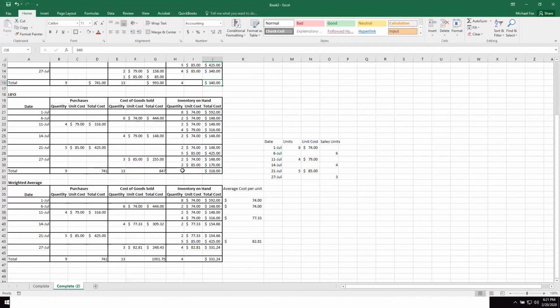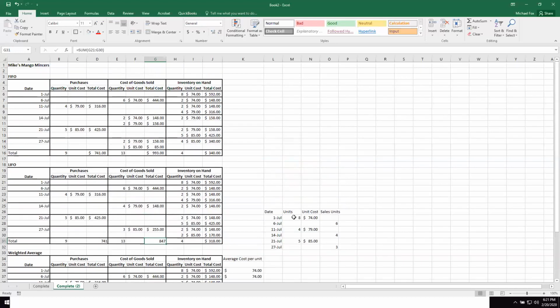Is that right? And then with last in, first out, it'll be the opposite, and then the average will be in the middle. And that's always the case when you have a situation with rising costs, because of the first units going out. In a period of falling costs, it's going to be the opposite. Not that that really matters.